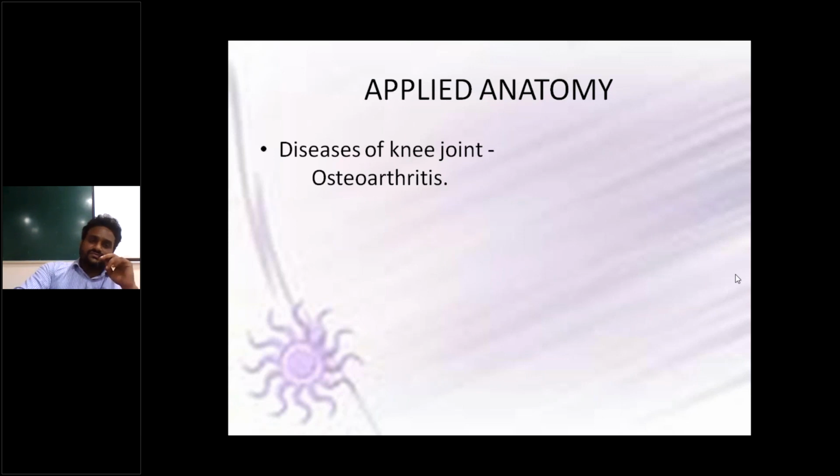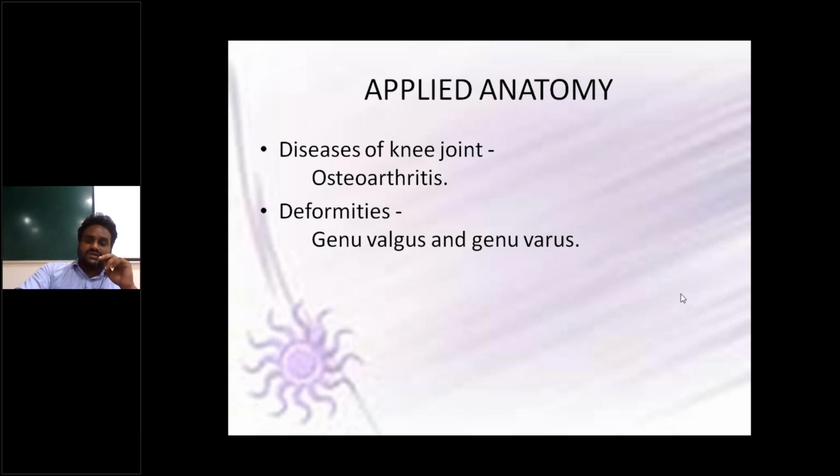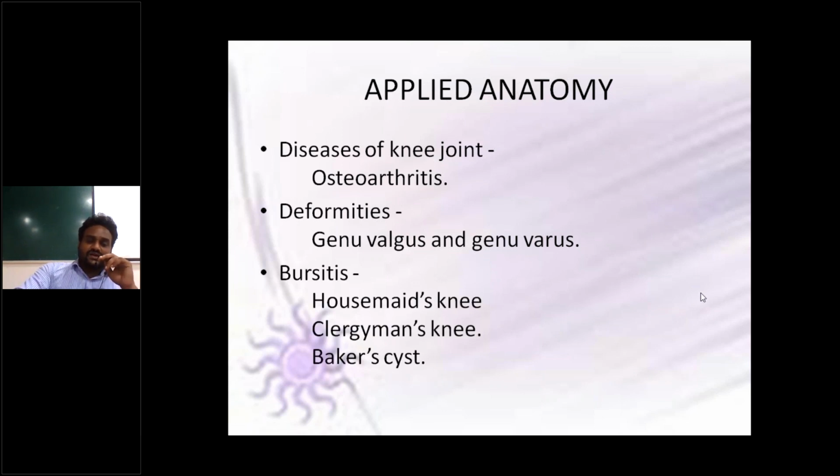The disease of the knee joint is called osteoarthritis. Deformities of the knee joint: genu valgus and genu varus. Bursitis, inflammation of the bursae of the knee joint, is called housemaid's knee, also clergyman's knee, and Baker's cyst.